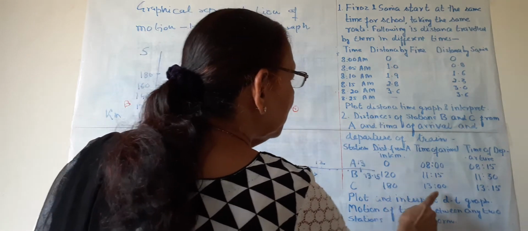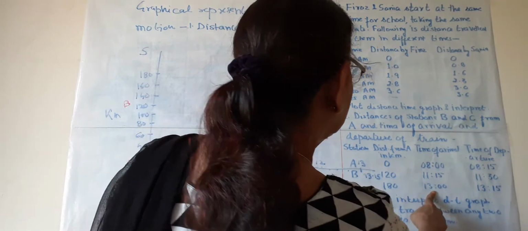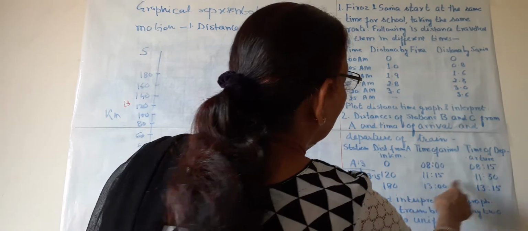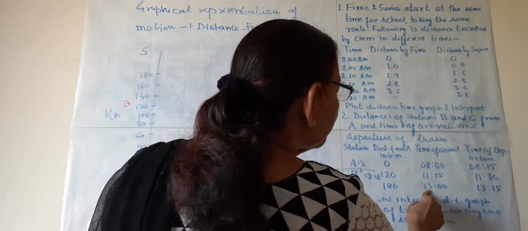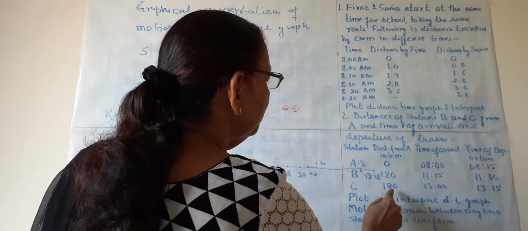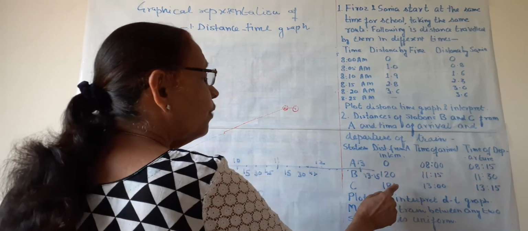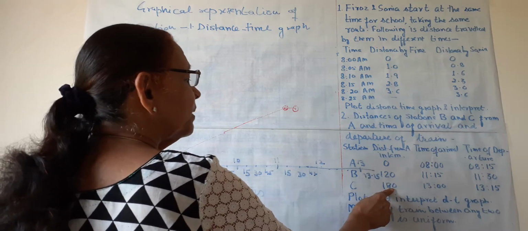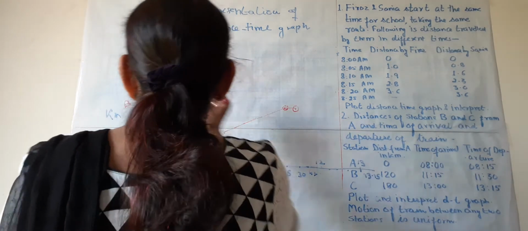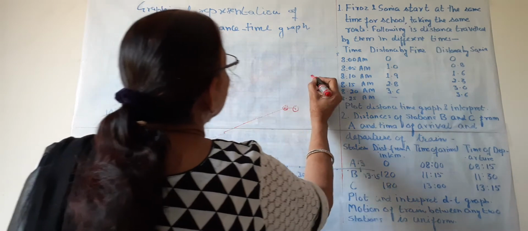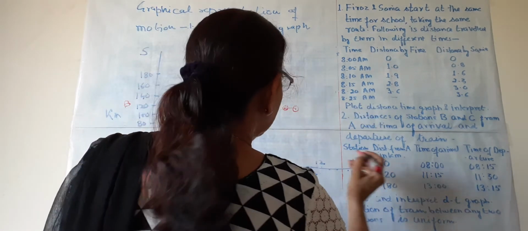Now from 11:30 to 1 o'clock in the afternoon, it reached at station C, which is at 180 kilometers far. So 180 is here, and what time is it reaching? At 1.